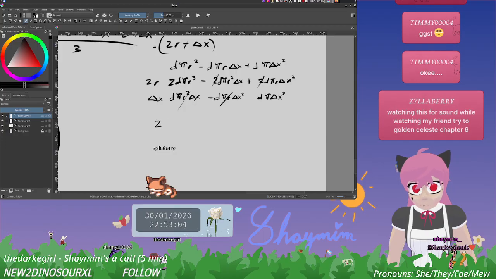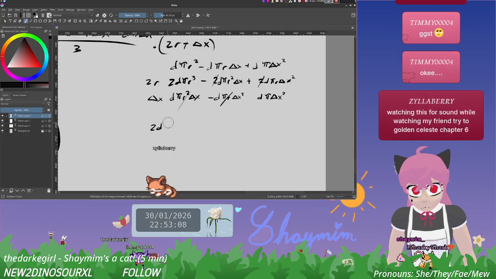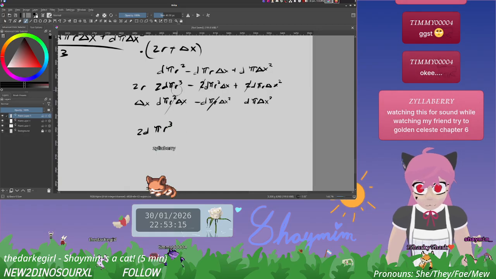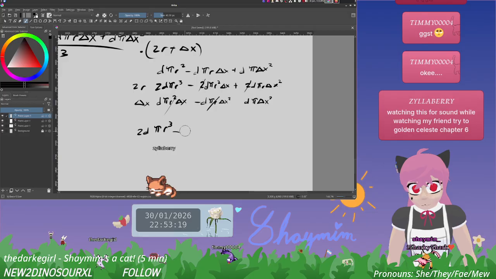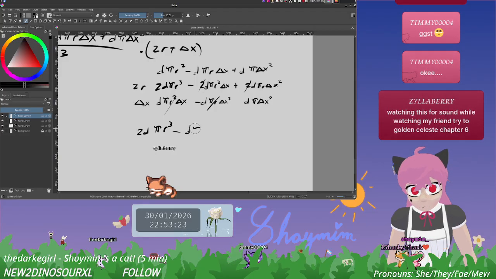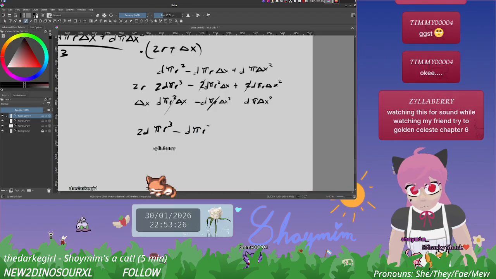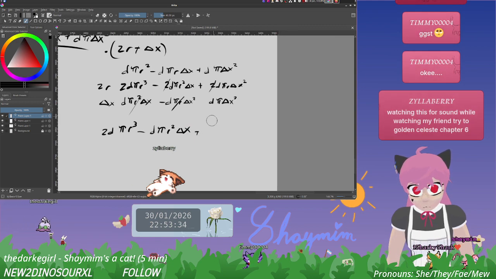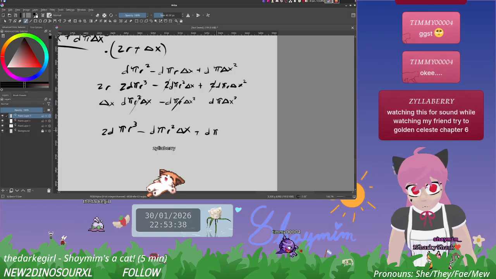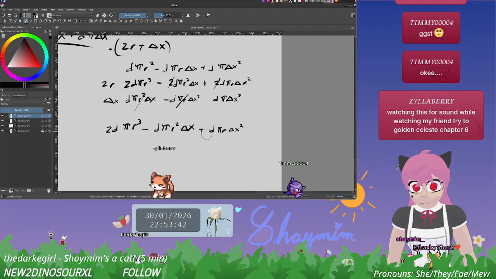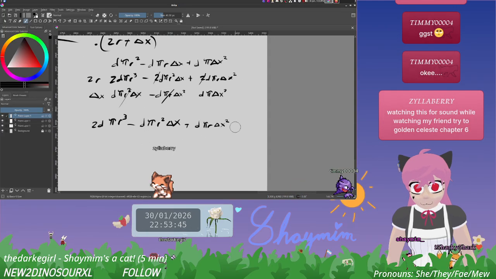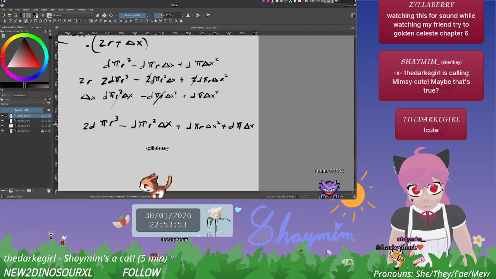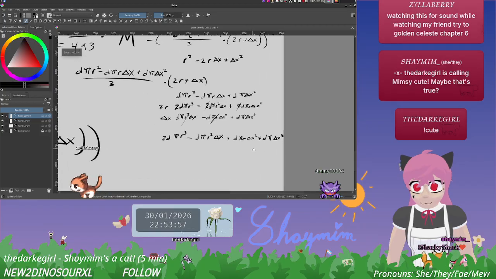So it's 2d pi r to the third, then minus density pi r squared delta x plus density pi r delta x squared, and then that's done, and then I guess it would be plus d pi delta x cubed, and then all that is over 3.